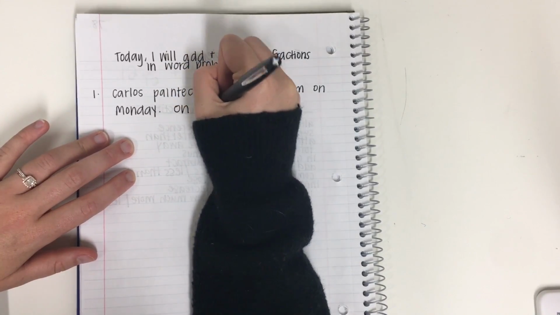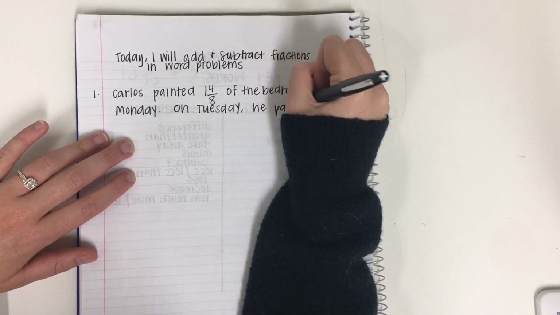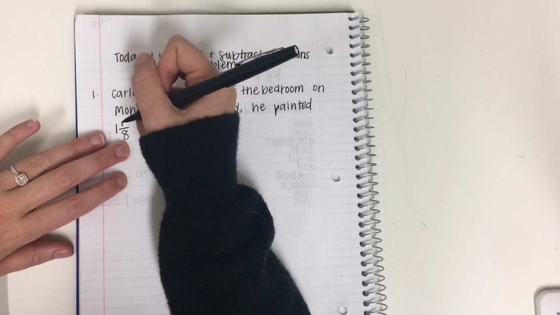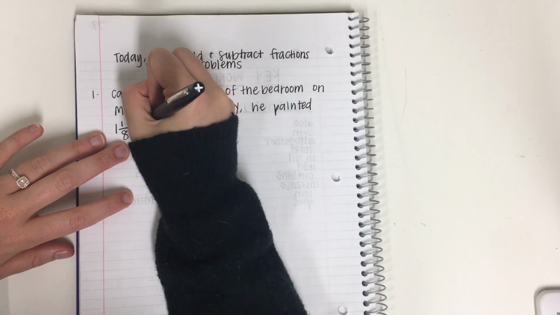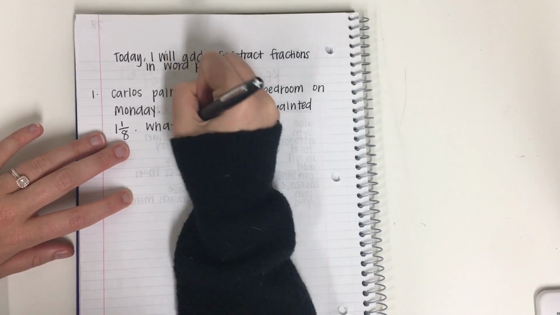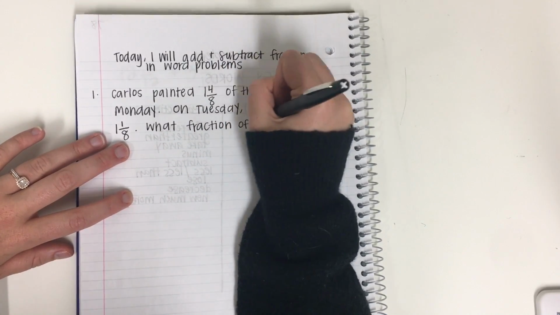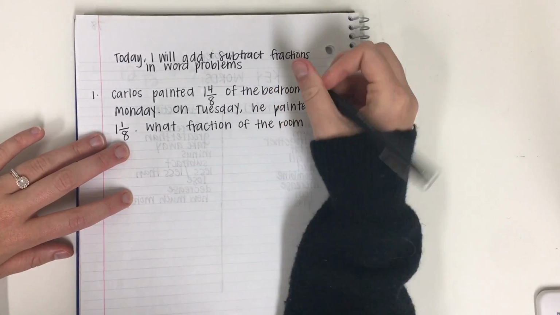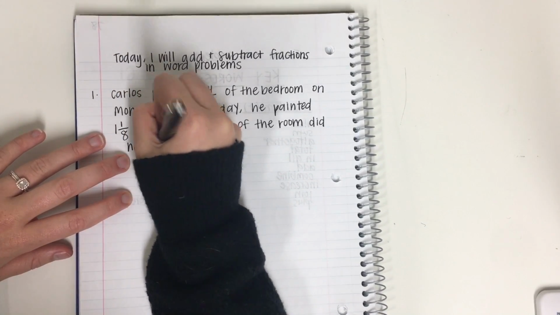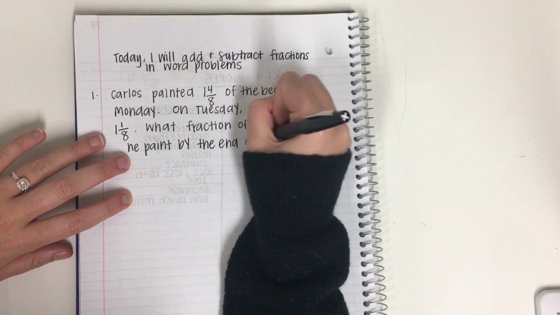On Tuesday, he painted 1 1/8. What fraction of the room did he paint by the end of the two days?